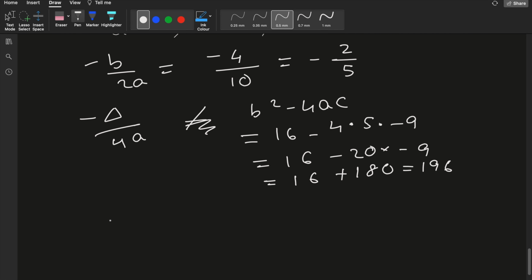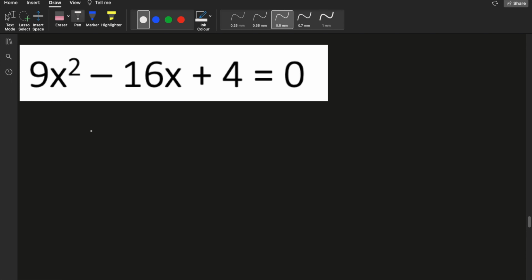And minus 196, because it's minus the discriminant, divided by 4 into 5, and that will be minus 49 divided by 5. Yeah, that's the answer.